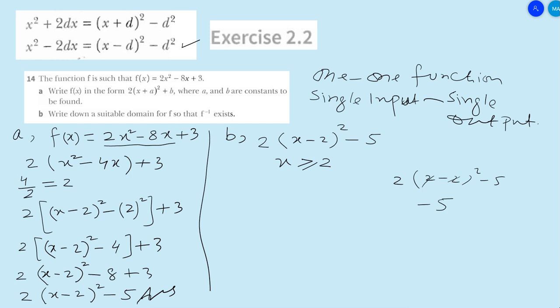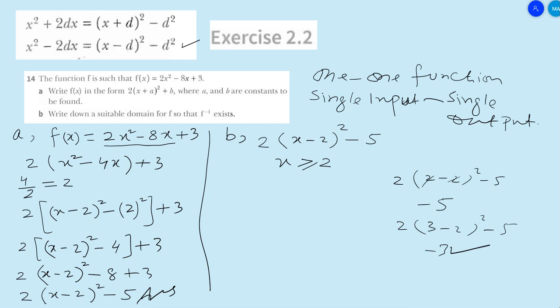And if I take the value of x as 3, for example, 3 minus 2 whole square minus 5. 3 minus 2 is 1, 1 square is 1, 1 into 2 is 2, 2 minus 5 is minus 3. Again, for one single input, we are getting a single output.